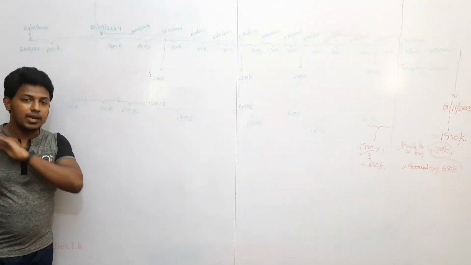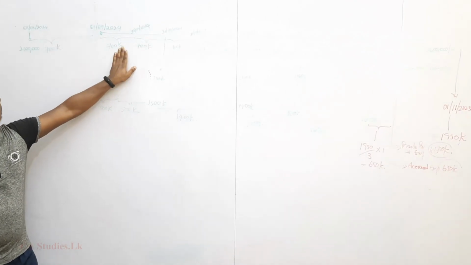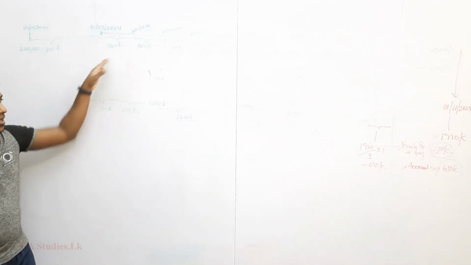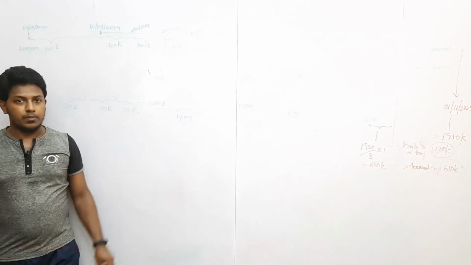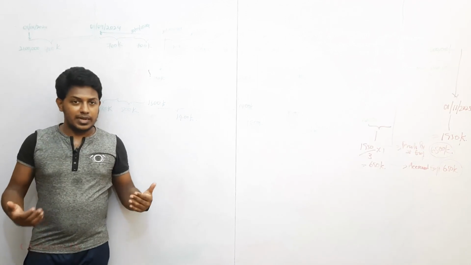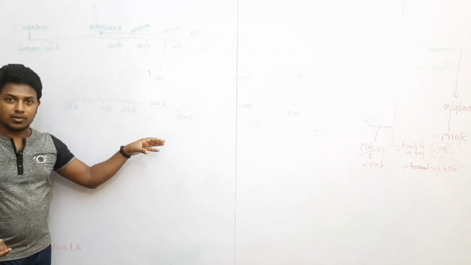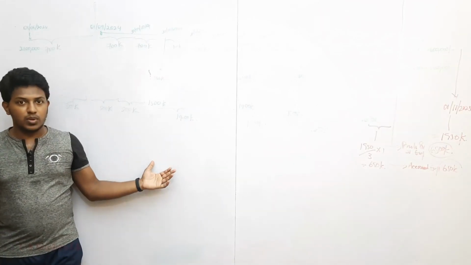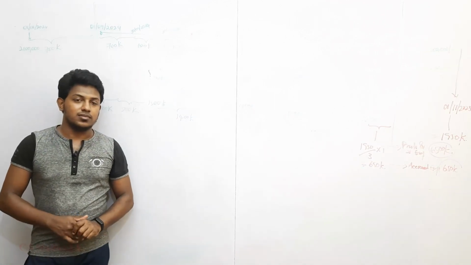If you get this timeline correctly, properly, answering the question will be easy. You will not consume more time. Even if you did anything wrong, you can find out where it went wrong, right? So this is the best way. Please follow this way if you get these accrued and prepayment questions.